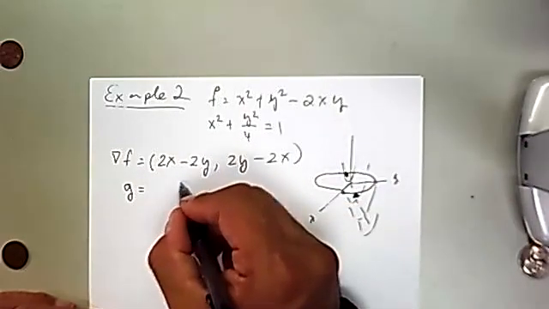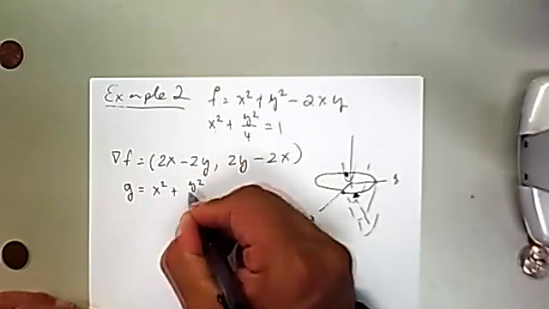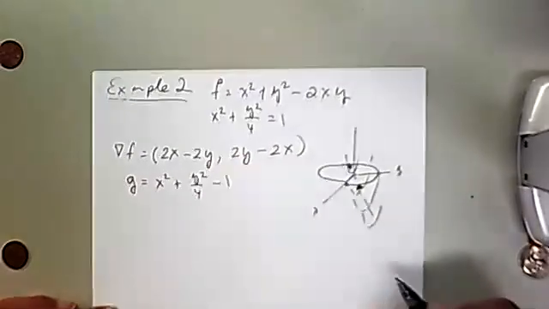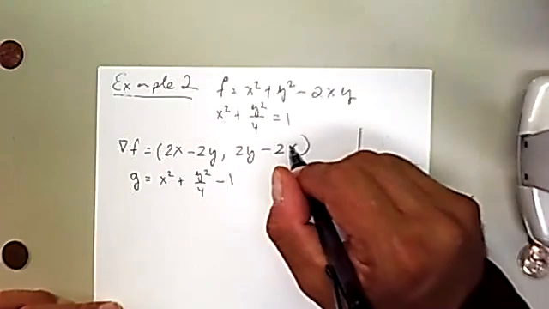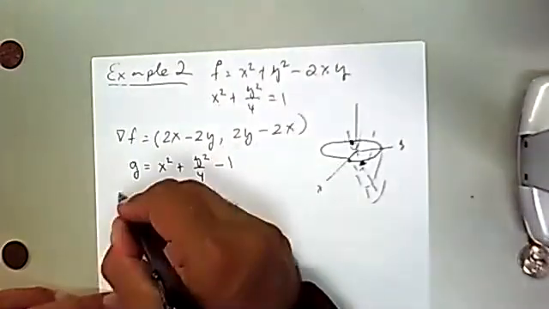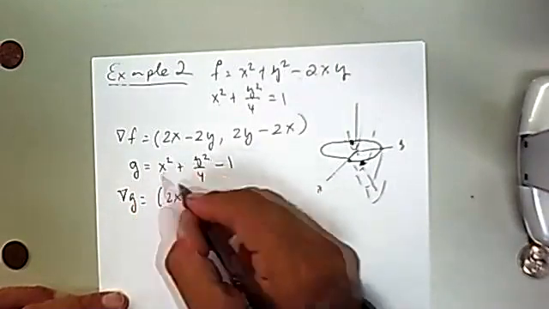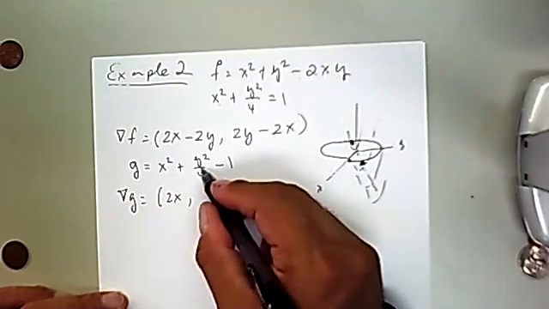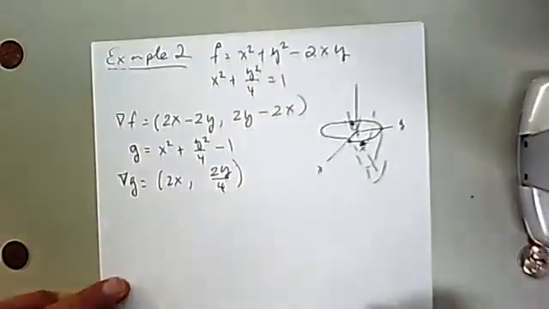G is equal to this guy, x squared plus y squared over 4 minus 1. So just take everything to one side of the equation and make that expression a new function G. The gradient of G will be 2x, comma, 2y, but then we've got to divide by 4. So it's really y over 2.